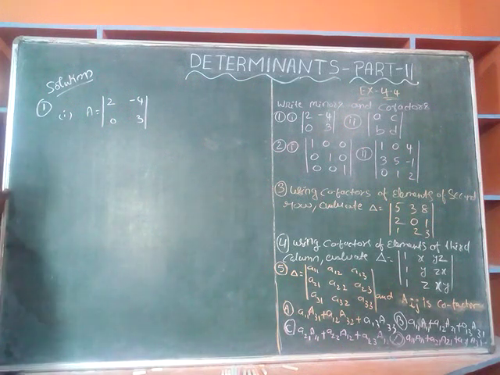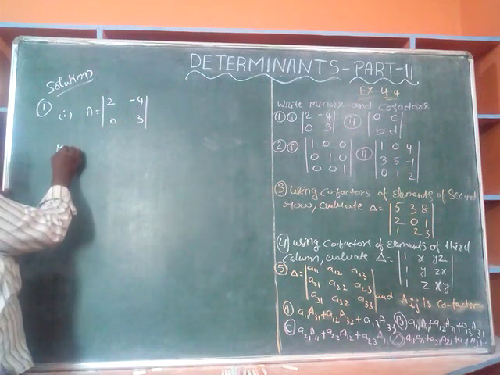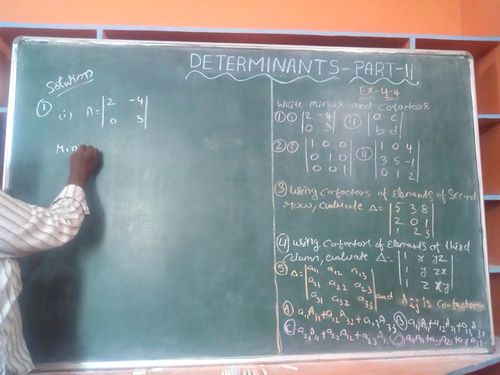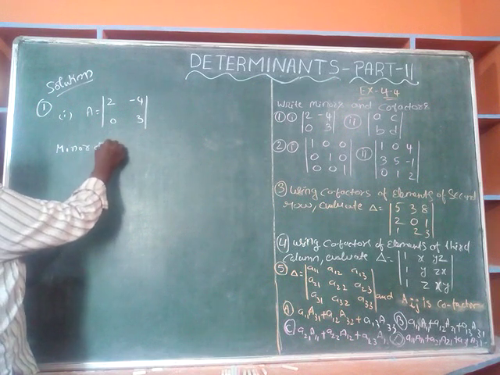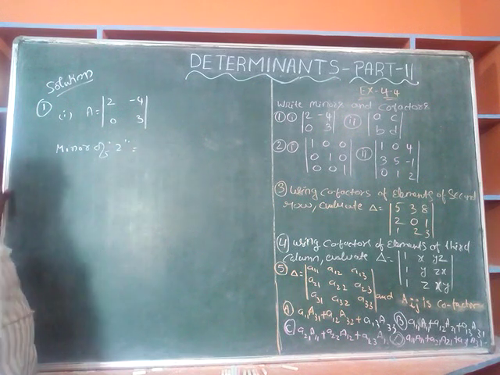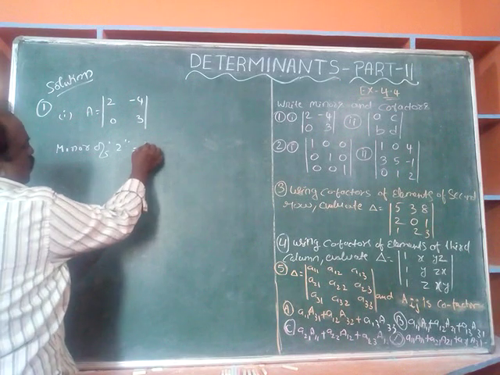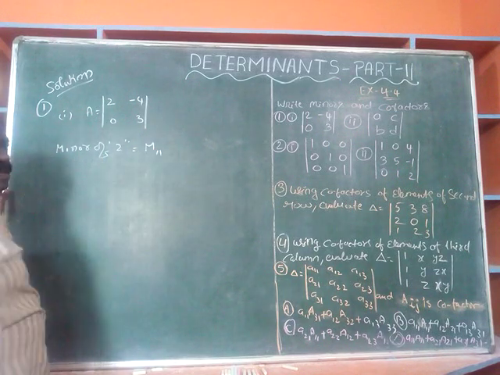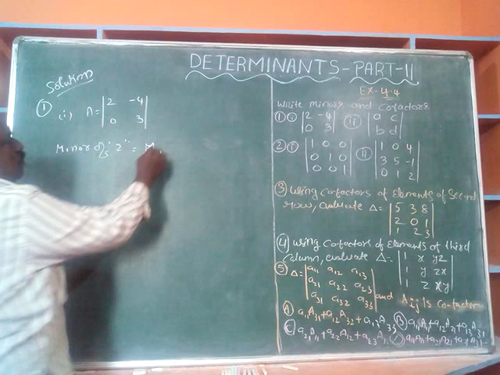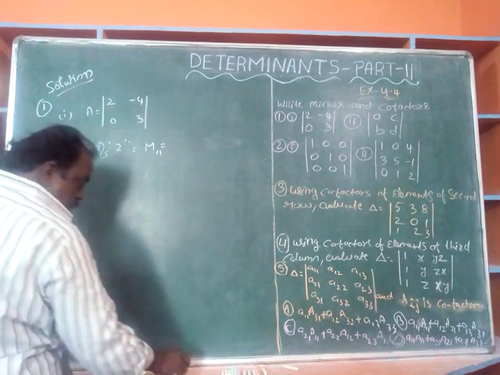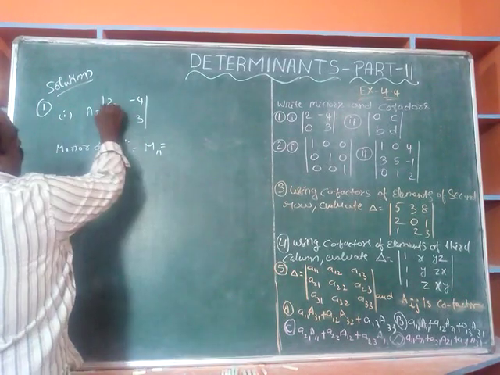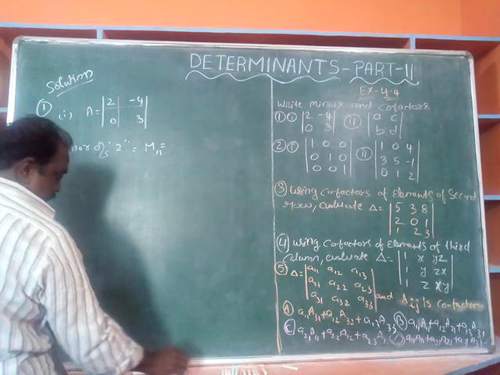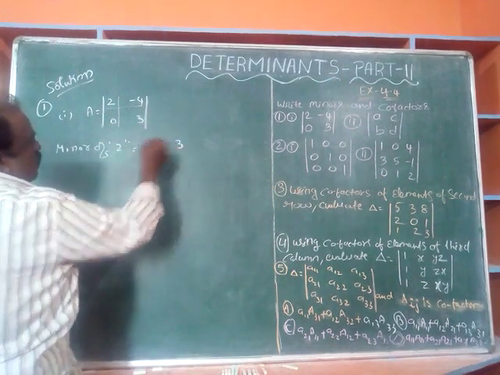Now the minor of 2 is M11, because it is in the first row and first column. That row and column is deleted. So we get 3.